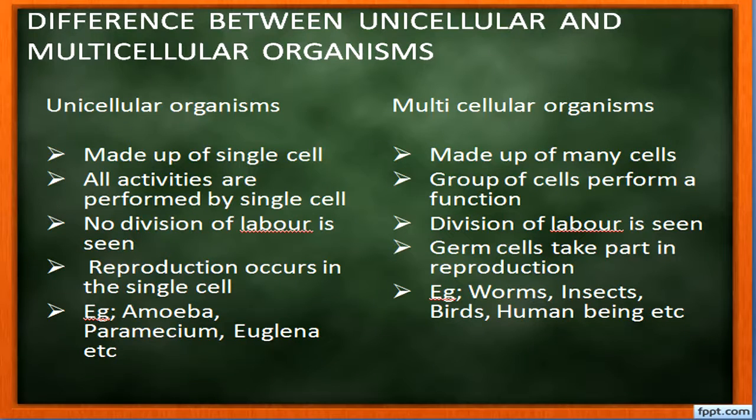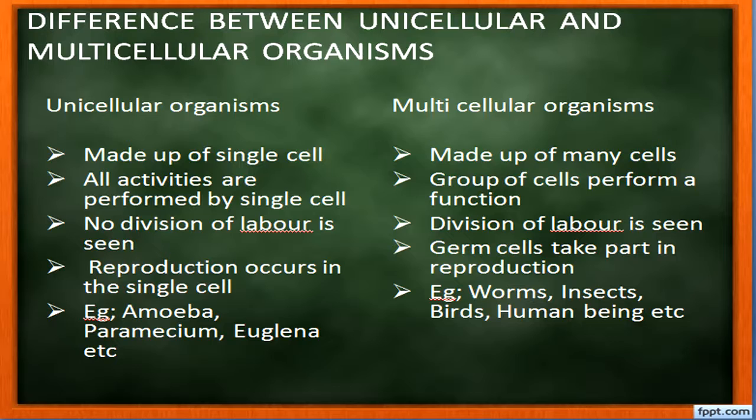Now unicellular and multicellular organisms can be differentiated as follows. Unicellular organisms are made up of only one cell, whereas multicellular organisms are made up of many cells. In unicellular organisms, all the activities, that is digestion, respiration, circulation, transportation, have to be done by the same cell.